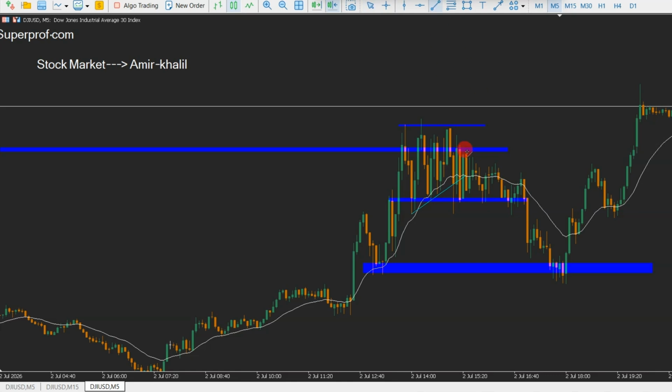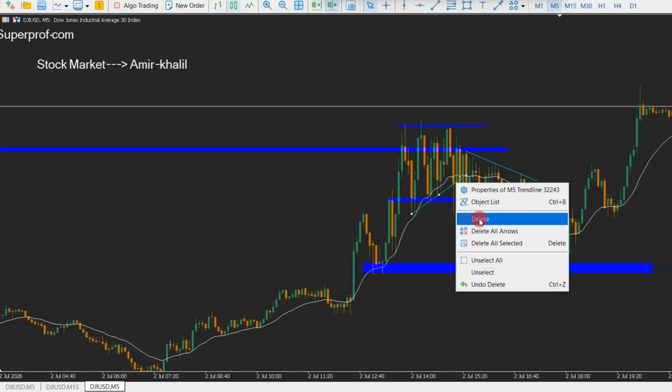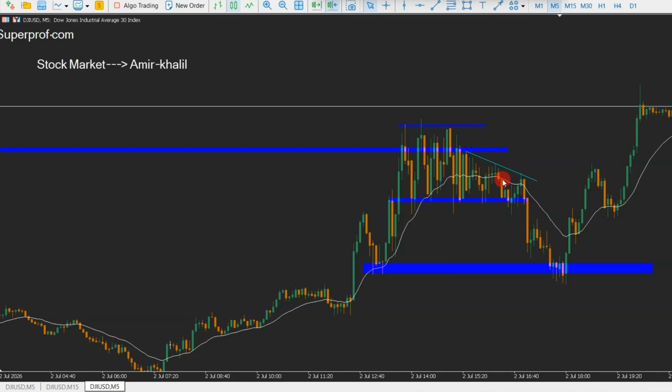And where that happens is exactly after this 1, 2, 3. So they are accumulating enough buy orders, and then with this candle they are stepping in, shifting the market from this trading range to a downward movement.